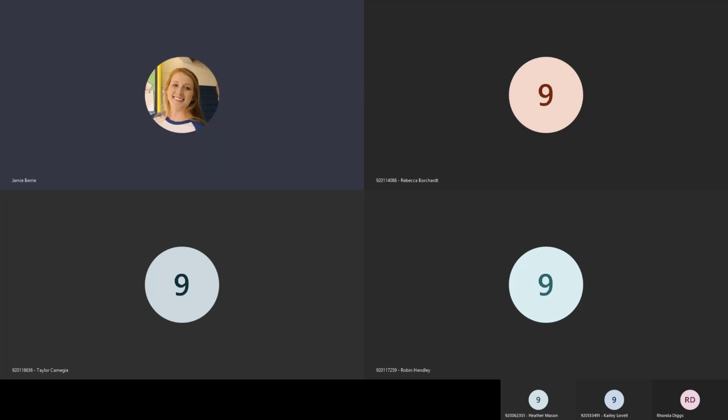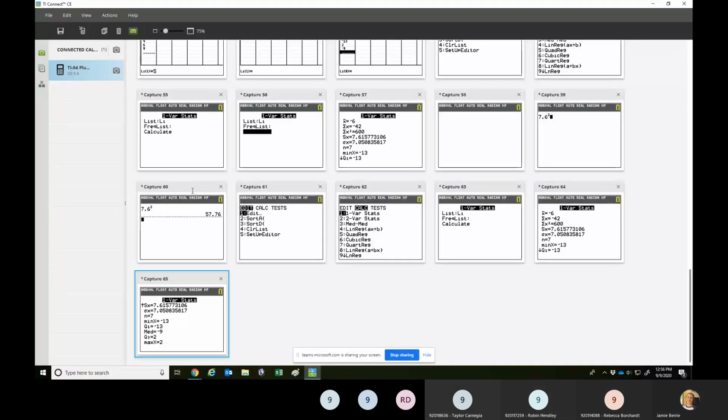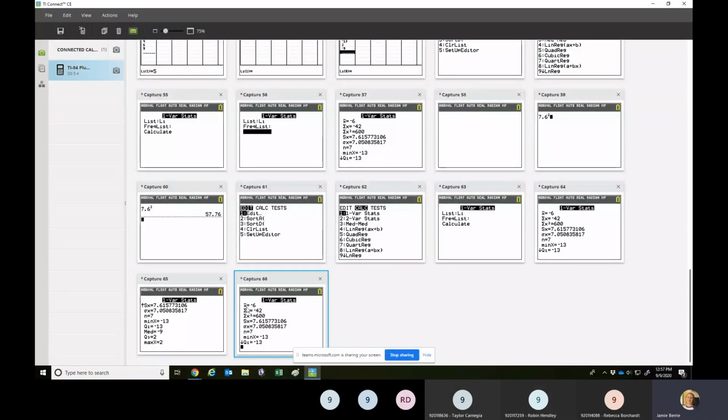I meant to mention that earlier. Just notice that the top option is always going to be your mean. So -6 was our mean for that data set. And then you can get the median from this list as well. If you scroll on down, right here the median is -9.